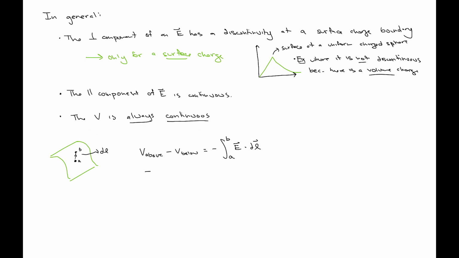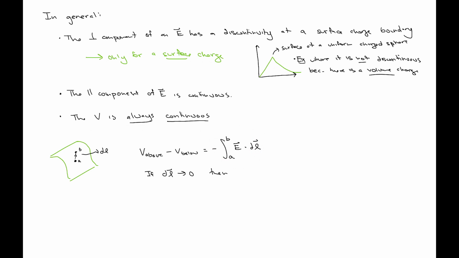Okay, if my dl, this line, gets really small or goes to 0, okay, then I know that this part of the integral has to go to 0 because this thing's going to 0.